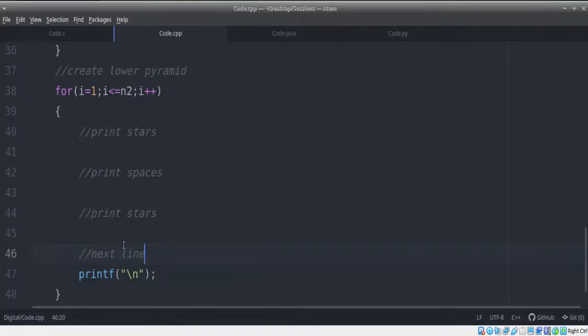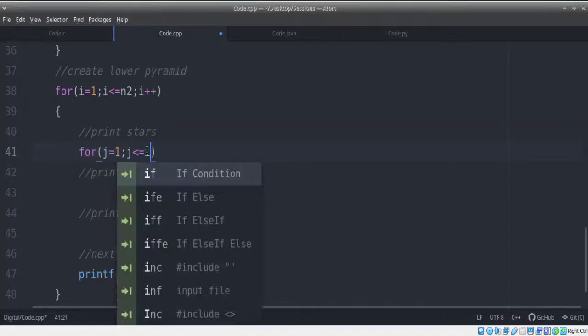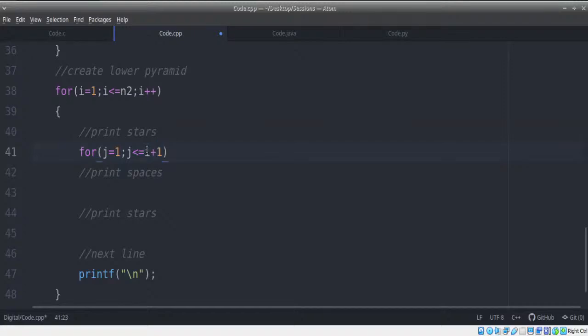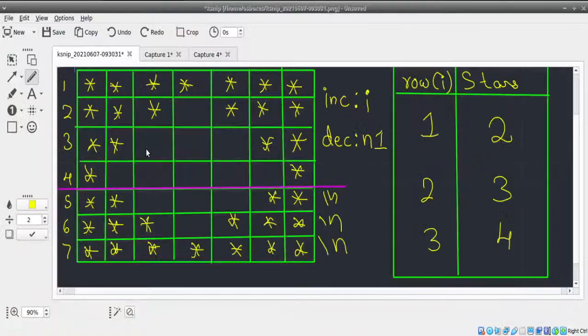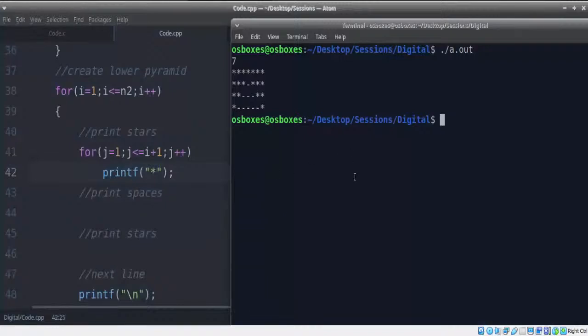This is our simple logic. So first we need to print i plus 1 stars. I'm going to use for j equals 1, j less than or equal to i plus 1, because we are supposed to repeat i plus 1 times. We're just going to print stars.